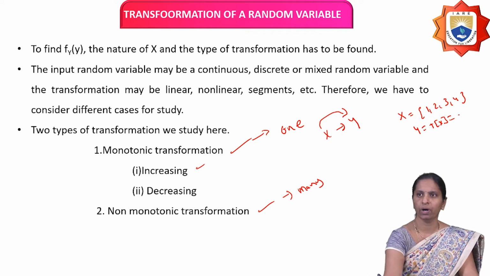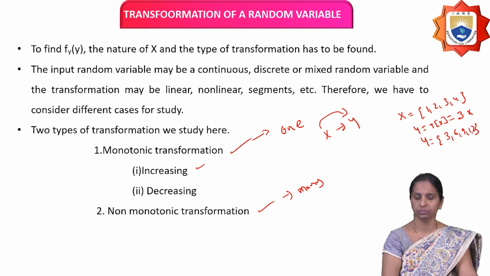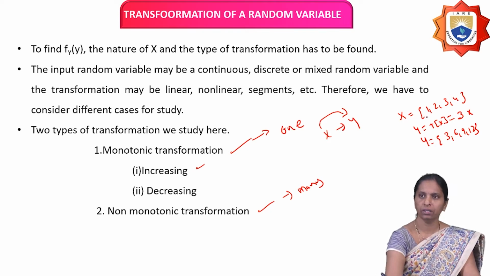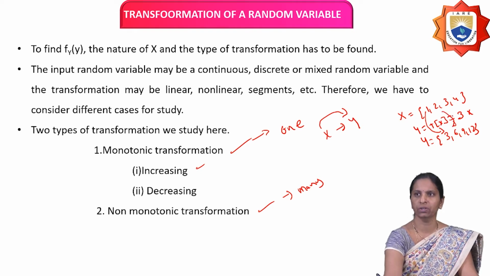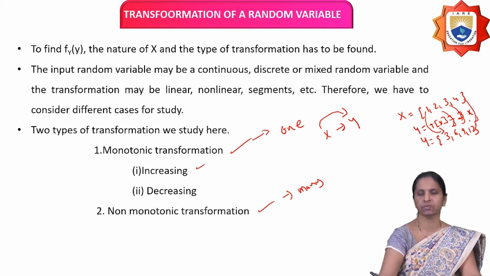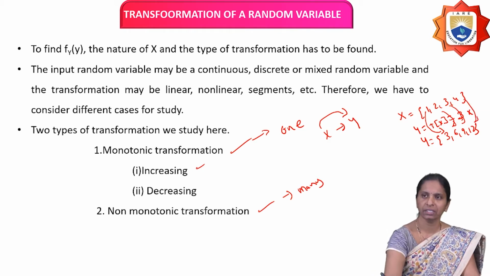Let us say y equals 3x, multiplying the random variable x by 3. Then the transformed random variable is 3, 6, 9 and 12. If you observe, 1 corresponds to 3, 2 is transformed to 6, 3 is transformed to 9 and 4 is transformed to 12. It means there is a one-to-one correspondence. This is called monotonic transformation.